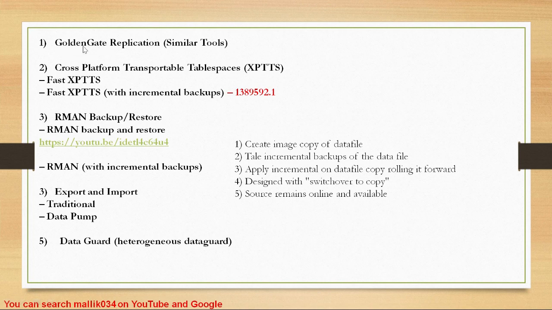So whenever you are planning for migration, please do check for the Goldengate option if they have it, and if they agree to buy a Goldengate license, you always go with Goldengate. That is the best tool I can say. I'm going to cover one session on the Goldengate high level steps, with a live demo, in my next video.